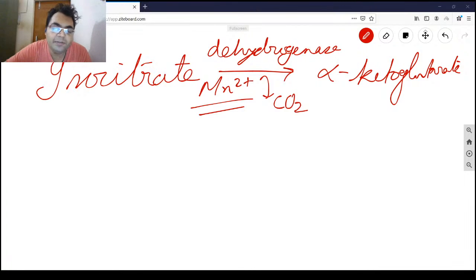And one more thing I'll tell you, there are two different forms of isocitrate dehydrogenase in all cells. One which requires NAD plus as electron acceptor, and the other which requires NADP plus as electron acceptor. The overall reactions are otherwise identical.